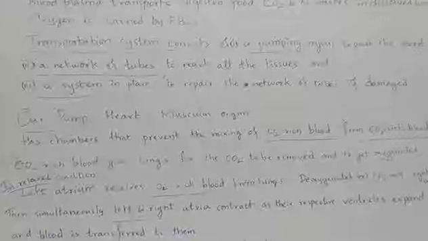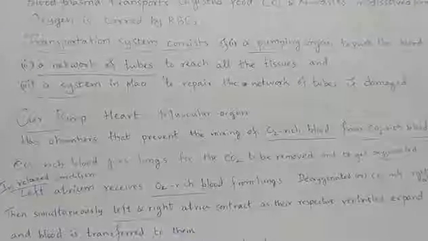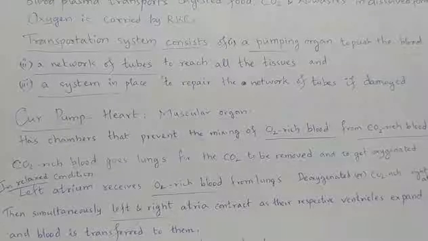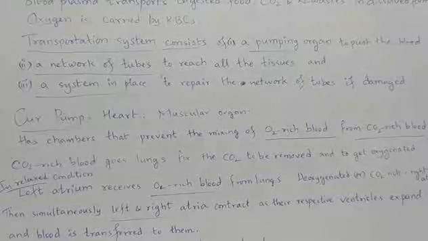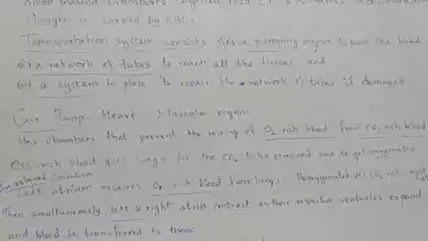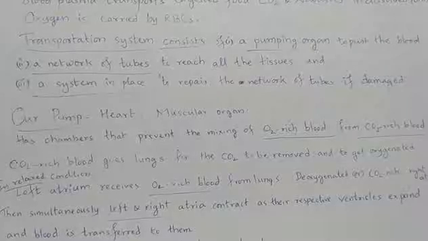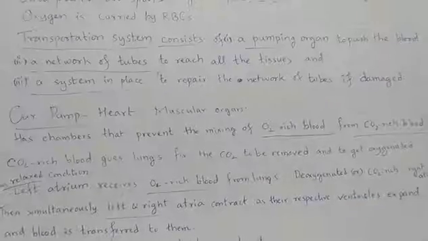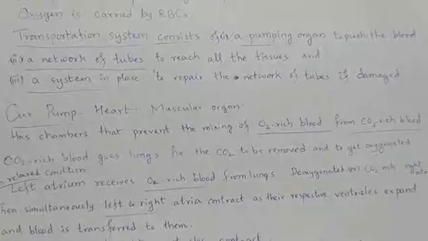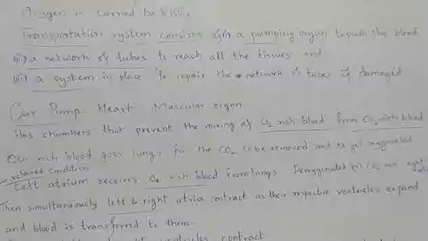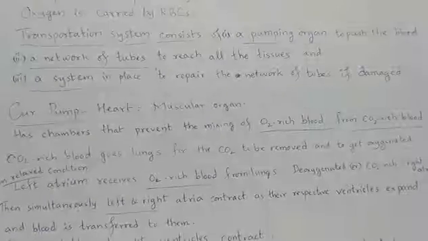The transportation system in our body consists of three components. They are: number one, a pumping organ; number two, a network of tubes; and number three, a system to repair. The pumping organ is to push the blood forward so as to make it reach all parts of the body.